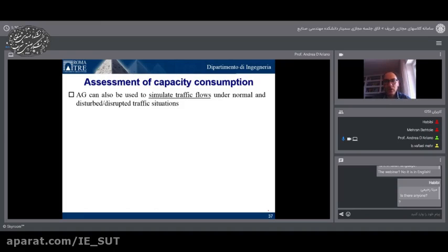Okay, now I can move to the assessment of capacity consumption. That is another field of research that I want to mention. In this field of research, the alternative graph was used as a simulator. For example, I mentioned the collaboration that we had with the Dutch government, the government in the Netherlands.